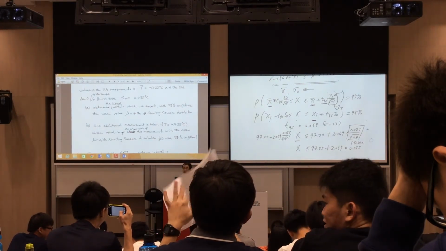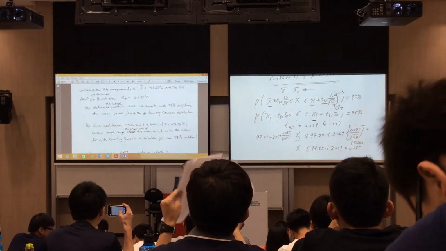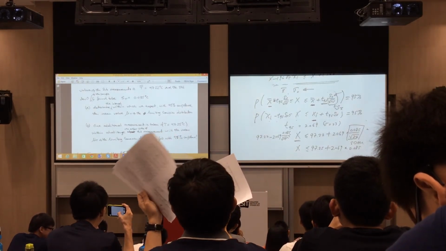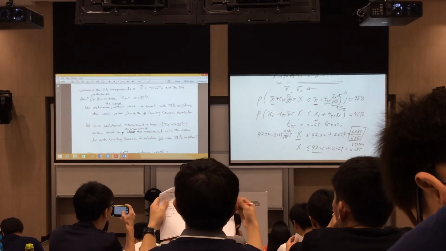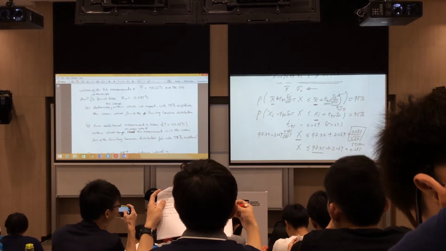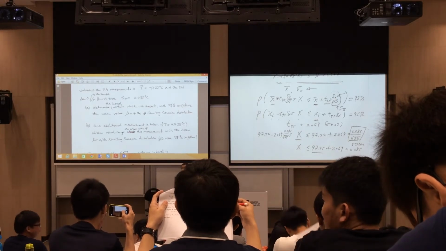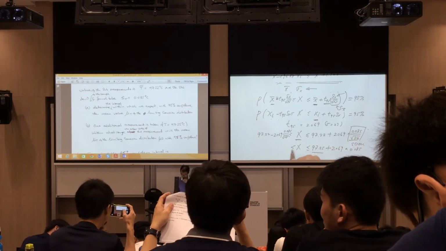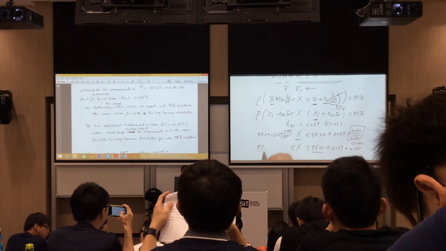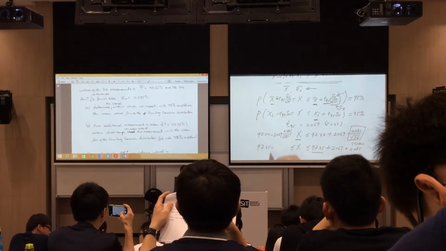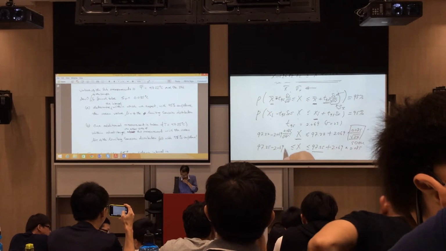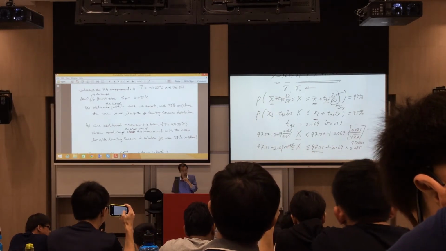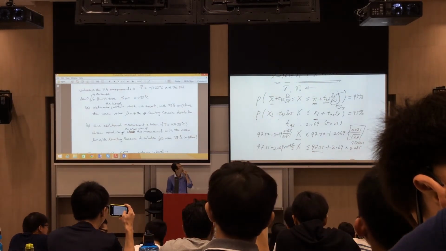You don't need to divide by square root of n, because you use a single measurement here to estimate 95% confidence. So again here, 97.25 minus 2.069 times 0.085.